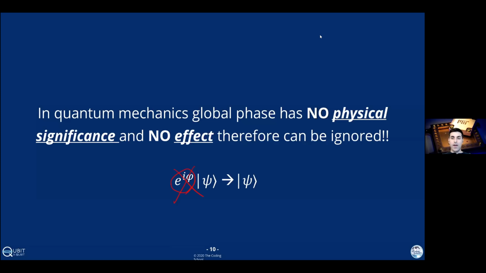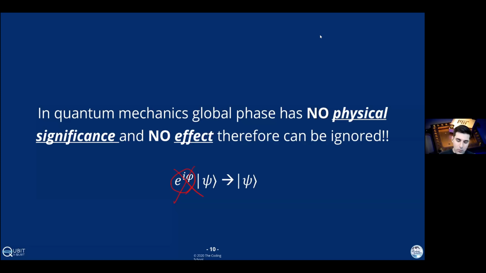The reason, going back to the postulates of quantum mechanics from the previous lecture, is that we care about properties that we can measure. However, a global phase in front of psi cannot be measured. There's no way that we can measure that phase, therefore we can ignore it.